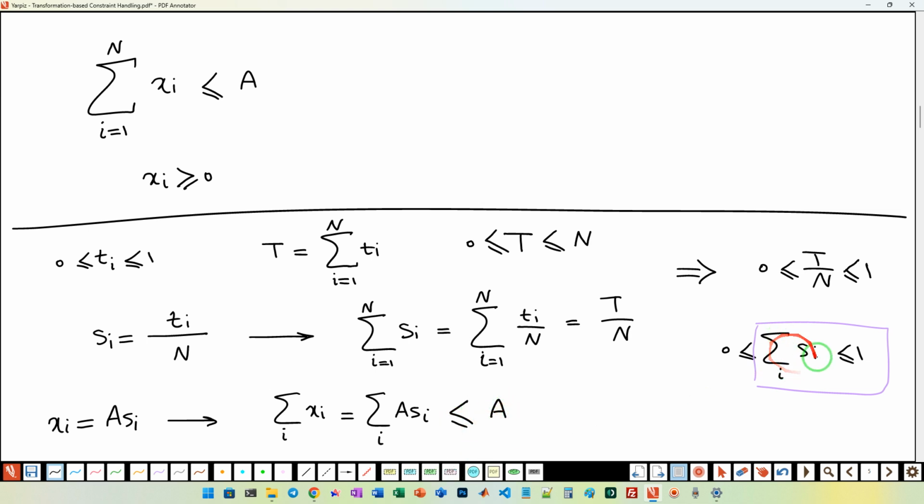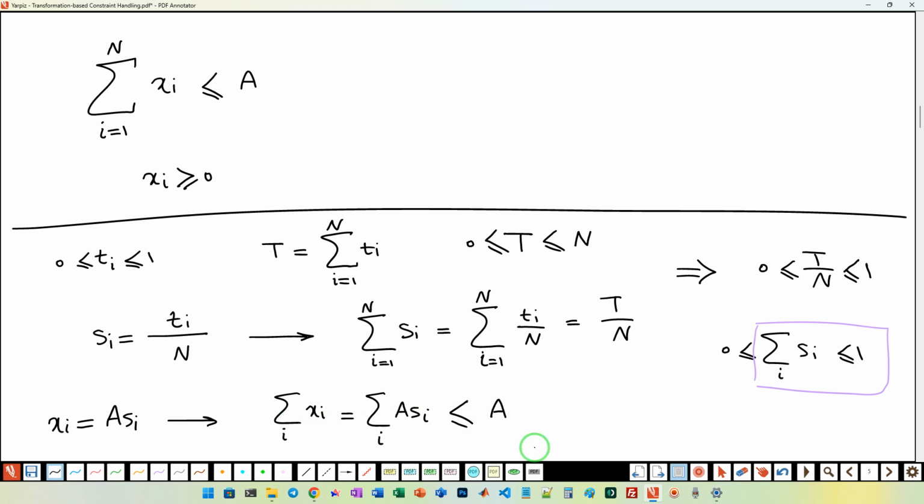Why? Because the summation of si's is less than or equal to 1. We were looking for non-negative numbers which add up to a or a number less than a, and that's the solution we have.